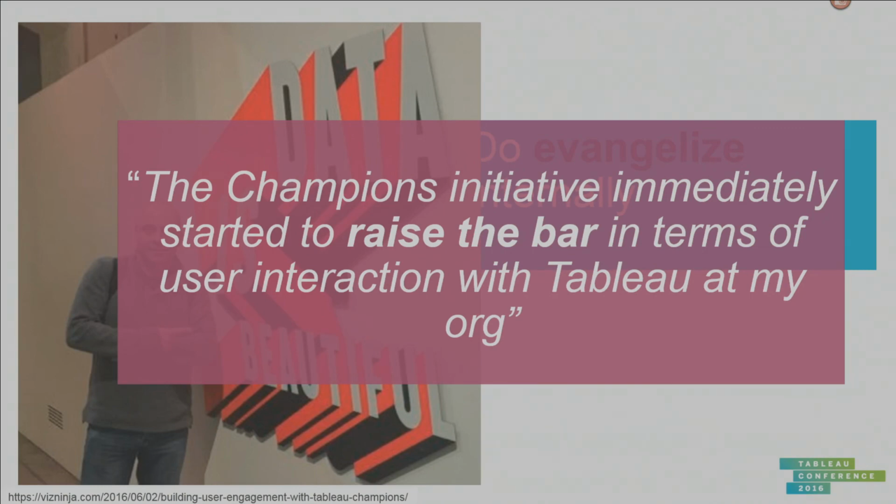And for his company, this is what he said in one of his blog posts on the Tableau corporate site: the initiative has had a huge and immediate impact. It's raised the bar of his Tableau users within his organization. It's expanded them out, so it isn't just the analysts using Tableau, it's lots of other people as well.